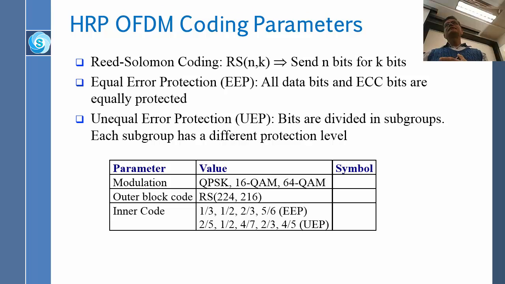So its impact on the data rate would just be by multiplying that value by the... Right. So the thing is, let's take an example here, 2/3 EEP and 2/3 UEP. Overhead is the same. But the video quality with UEP will look much better because the bits that matter are protected more.